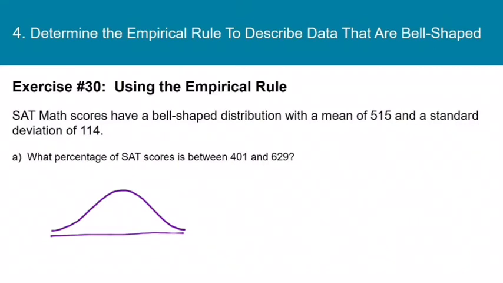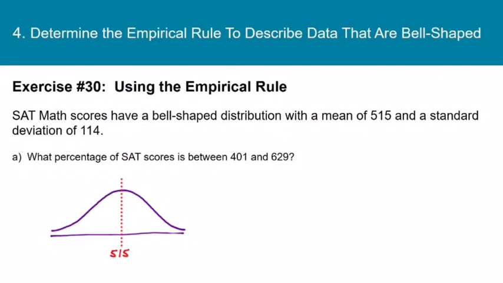So always sketch it for yourself because a picture's worth 1,000 words. And then you know that the mean is going to be right in the center of that curve. So right here at the center, we'll label that 515. Now what we would like to know is how many standard deviations it is from the mean to 401 and from the mean to 629.